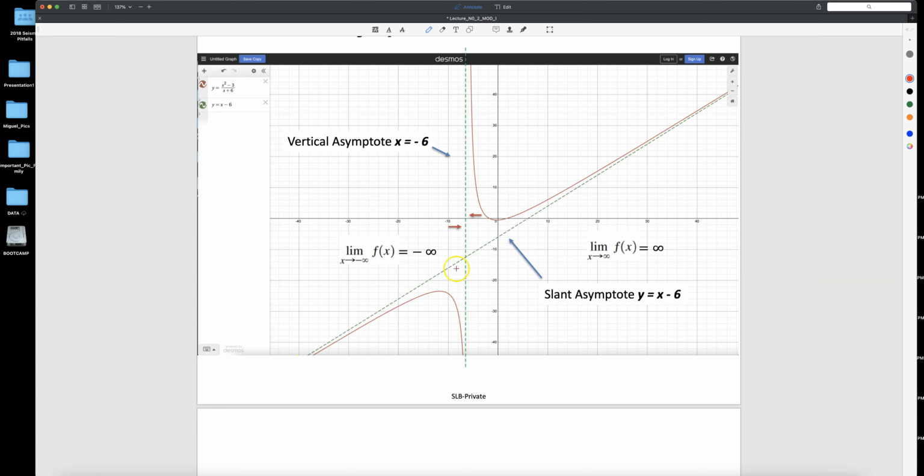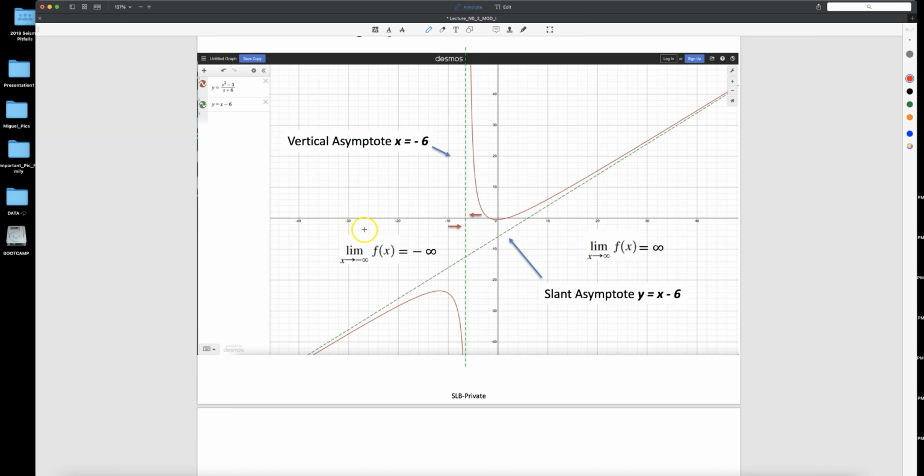Okay? The linear function in here, again, I use Desmos just to show you the response. The linear function is this dashed line in green. You can see that when the x values go to infinity, very large positive numbers, the function that is here in red goes also to infinity, but is limited by this dashed line in green. Exactly the same with the negative numbers.